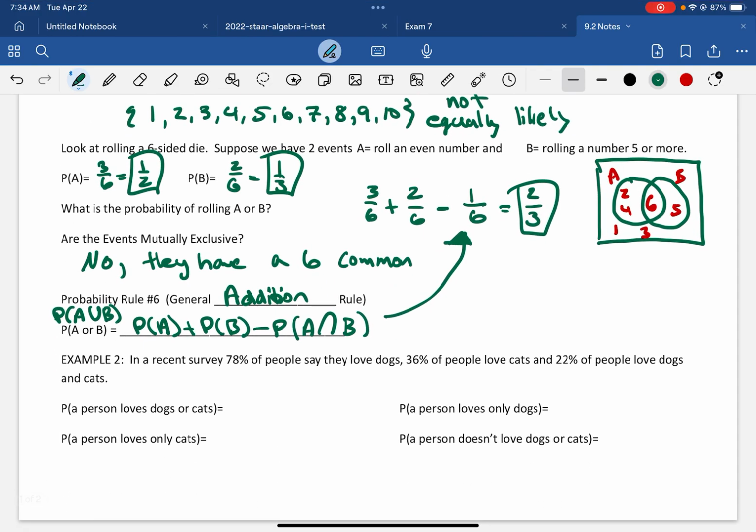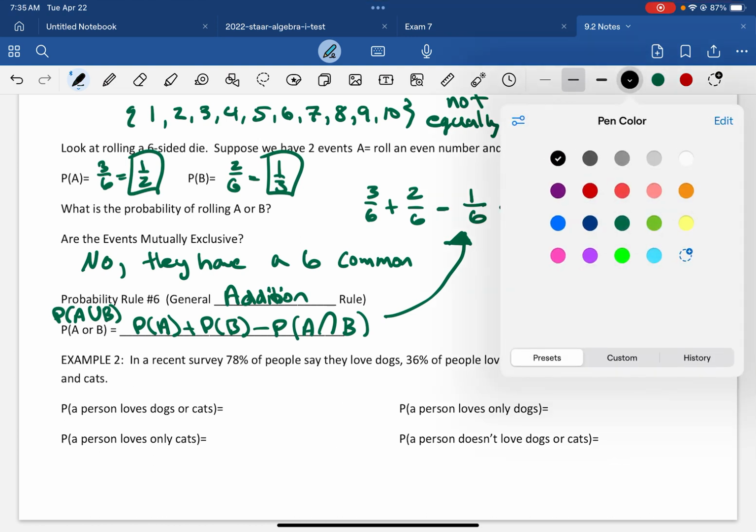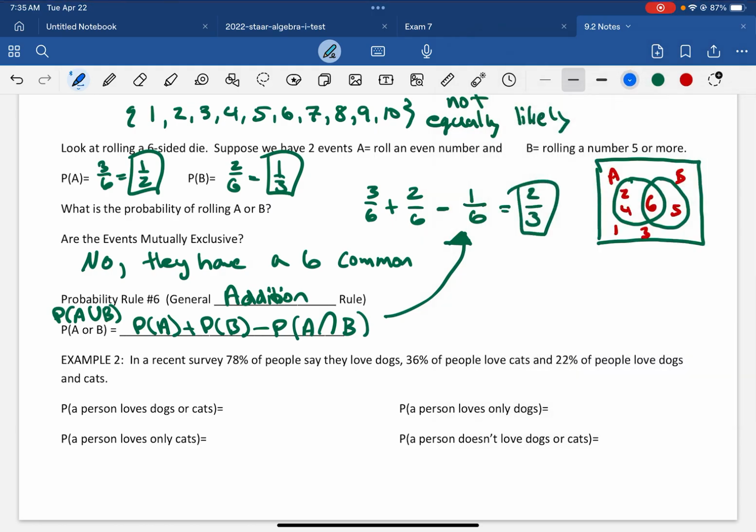All right, let's look at example 2. It says, in a recent survey, 78% of people say they love dogs, 36% of people love cats, and 22% of people love dogs and cats. Okay. What is the probability that a person loves dogs or cats? All right.